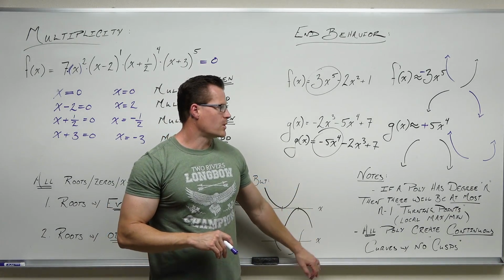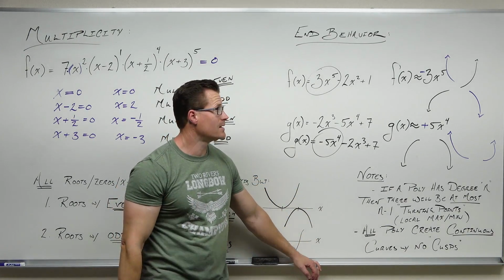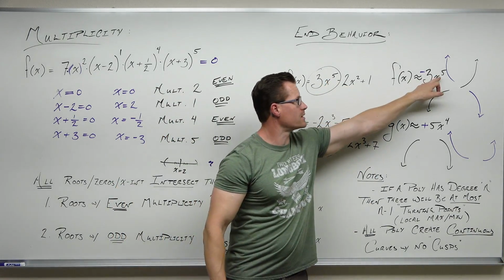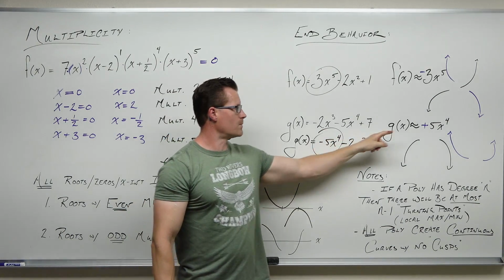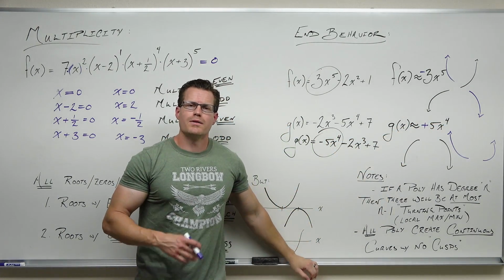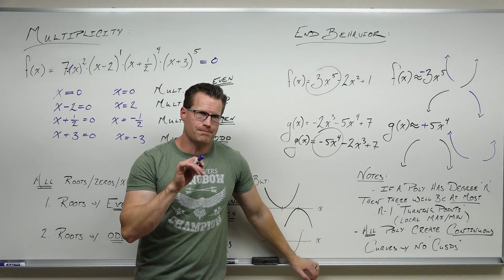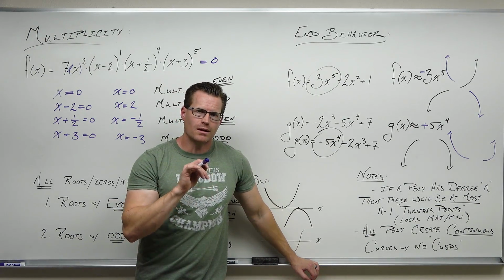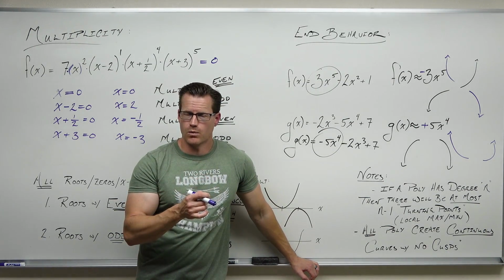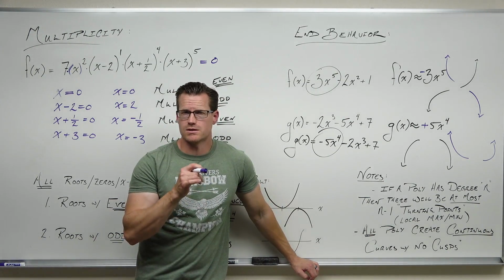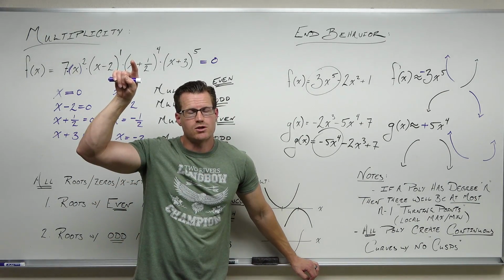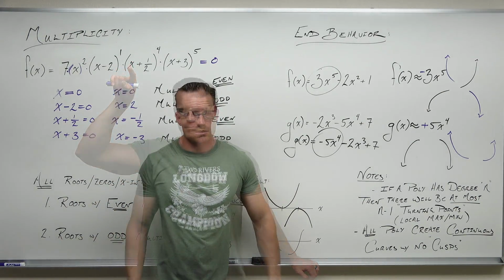If your polynomial has degree whatever, in this case degree 5, there it is, or in this case degree 4, there it is, that's always from your leading term, then you will have at most one less turning point than your degree. What that means is that if your degree is 5, you can change directions at most 4 times.